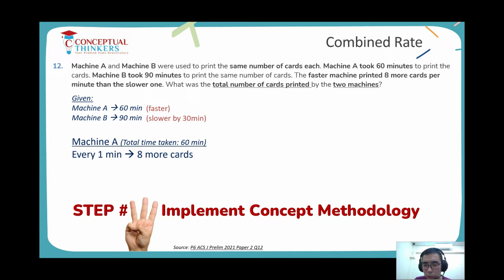If we focus on machine A, we know that the faster machine printed 8 more cards per minute than the slower one.